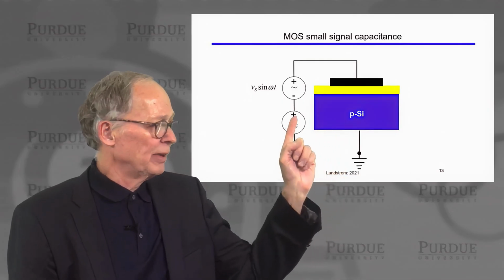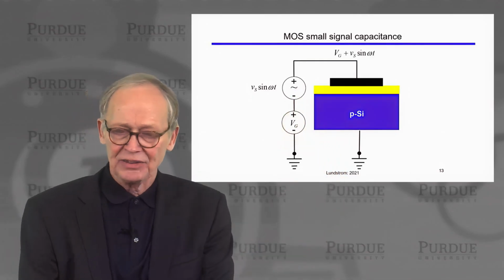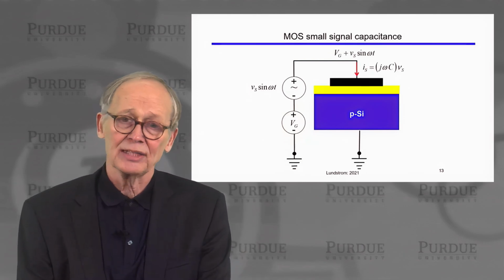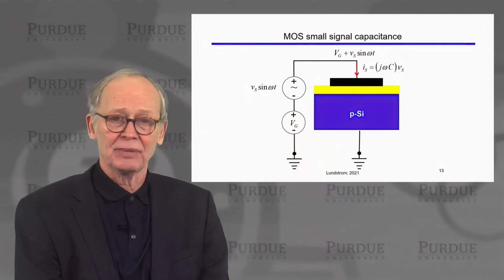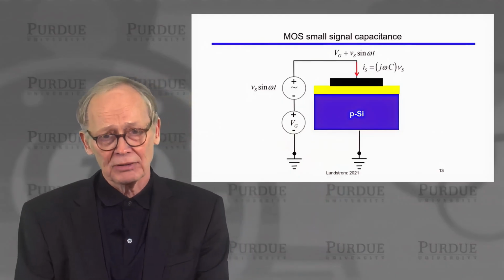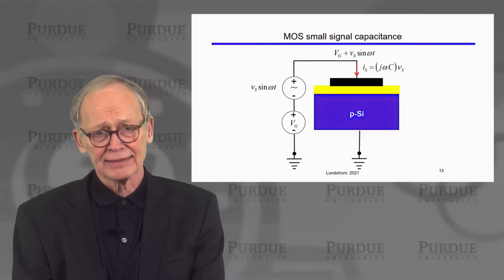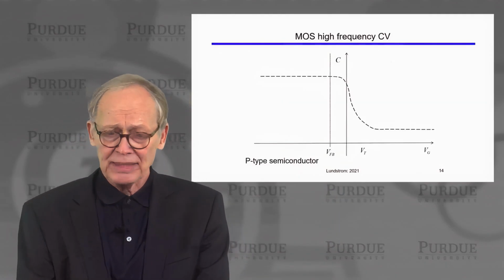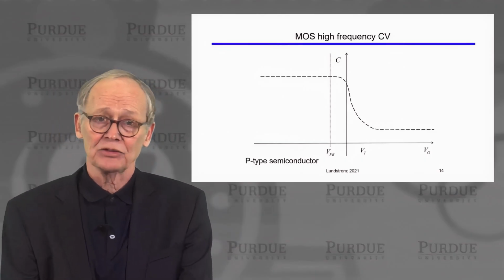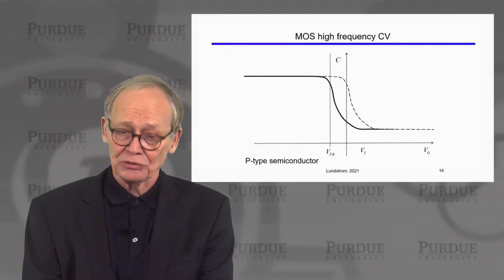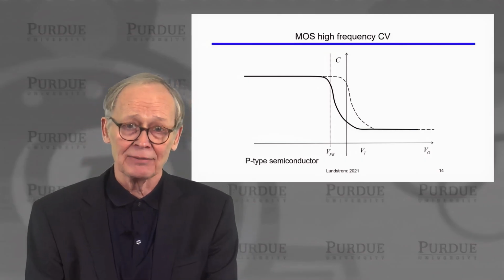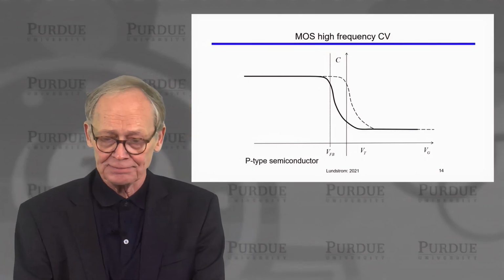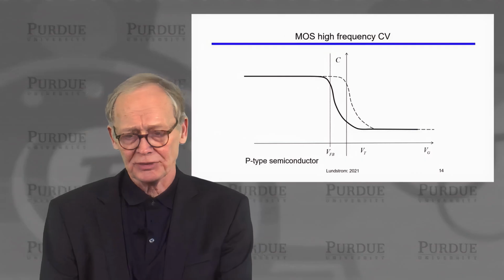We apply a DC bias, we measure the AC small signal current that flows in, and we deduce the capacitance as we vary the DC bias. So we get a small signal capacitance versus DC bias characteristic. For a p-type semiconductor, ideally it would look something like this. Real structures have some finite, typically negative, flat band voltage for a p-type semiconductor. So it is simply shifted.